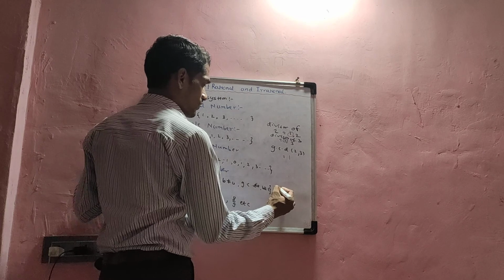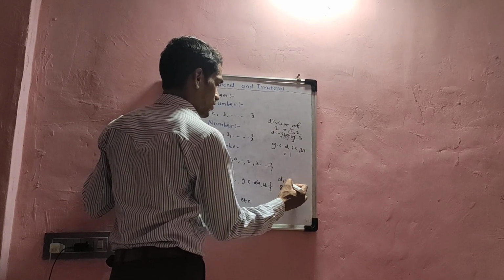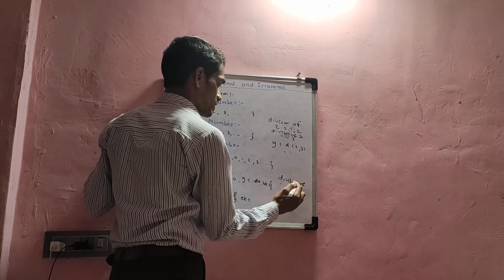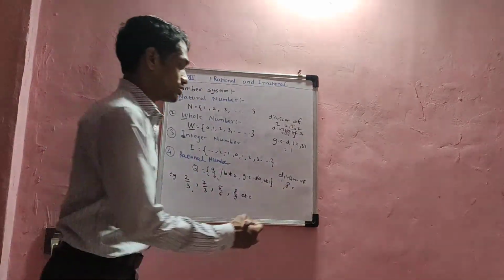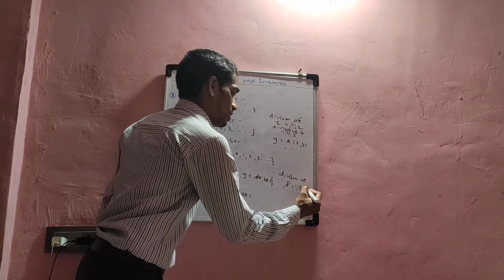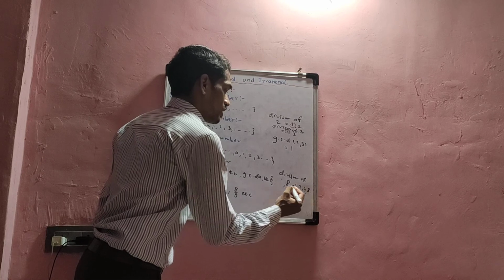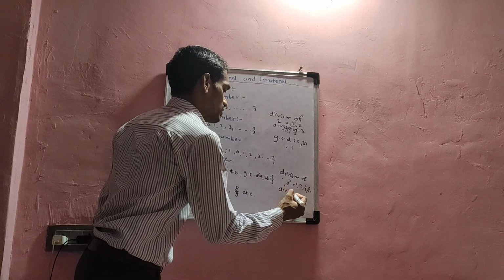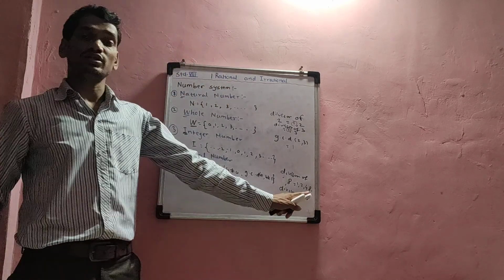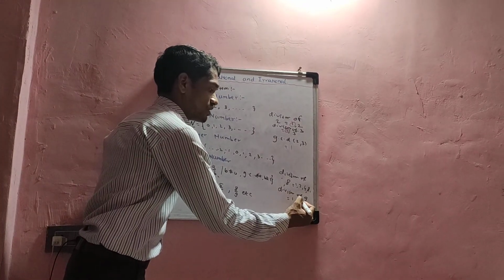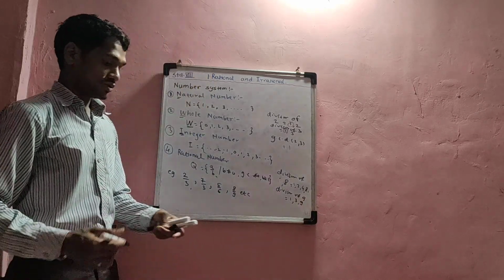If I take the GCD of 8 and 9, how many divisors does 8 have? 8 is in the table of 1, of 2, of 4: 2 4s are 8, 4 2s are 8, 8 1s are 8. What are the divisors of 9? 9 is in the table of 1 and of 3: 3 3s are 9, 9 1s are 9.